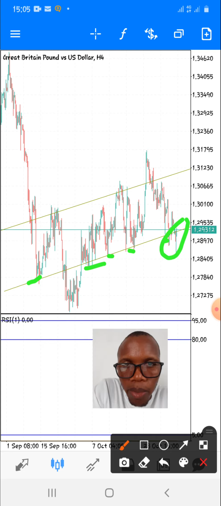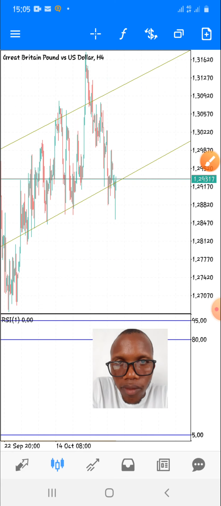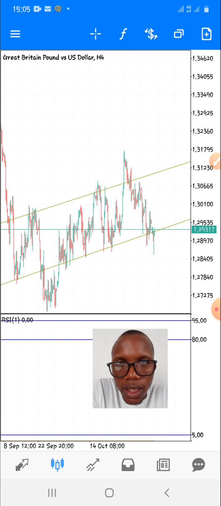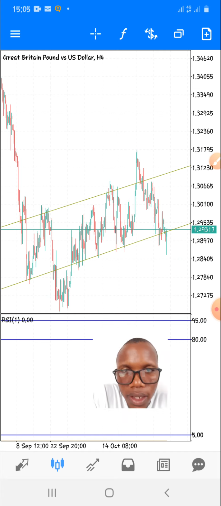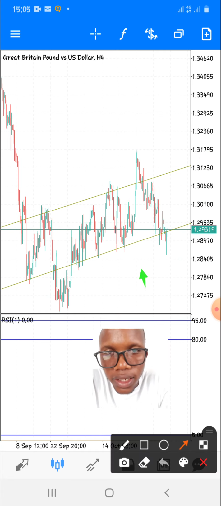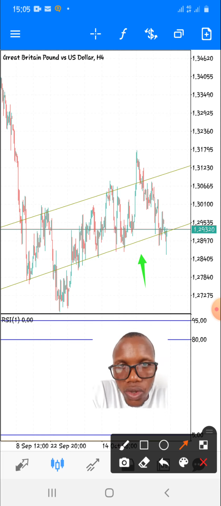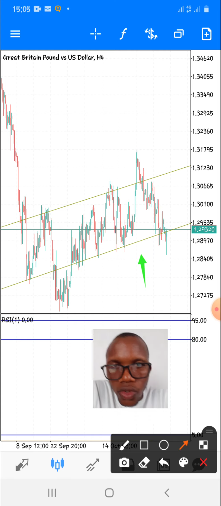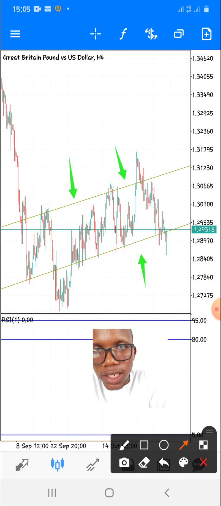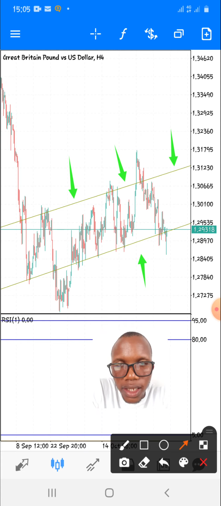You see, so it is starting to be bullish according to the 4-hour time frame. The market has been respecting this trend line, and also on top, the market has been respecting this trend line.